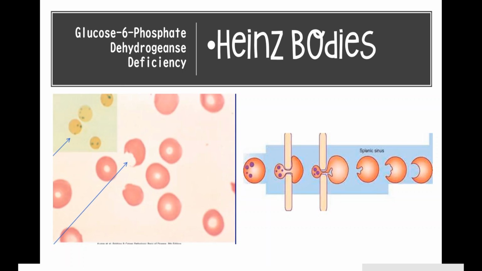I'm sure you are already familiar with G6PD deficiency because you have already encountered this in your MT laws, particularly in newborn screening. This is the reason why we include G6PD deficiency in the newborn screening, so that as early as newborn, there will be appropriate management in the case of the child.